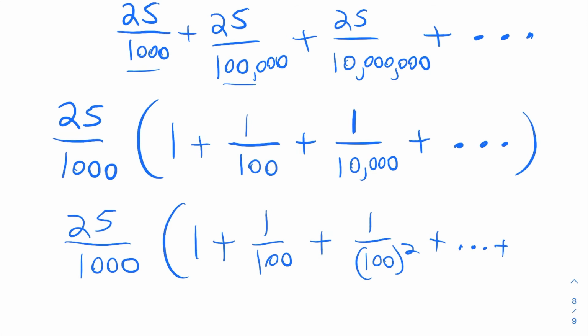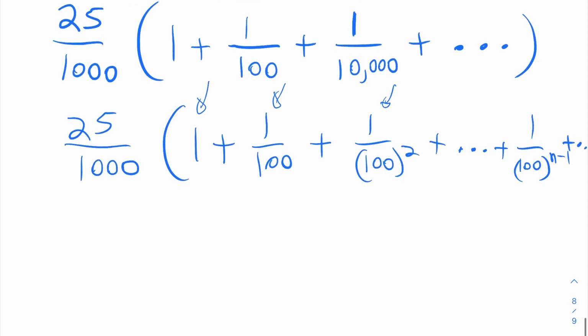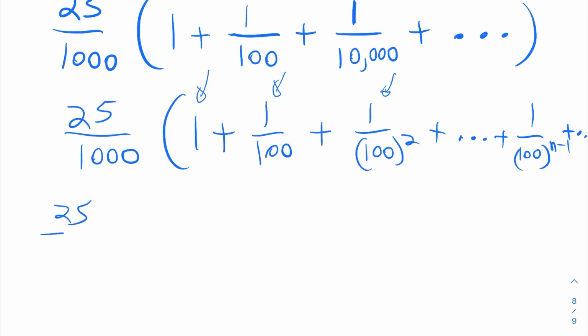The nth term would be 1 over 100 to the power of n minus 1. The first term is 100 to the 0 power, the second term is 100 to the first power, the third term is 100 to the second power. But this continues on, you don't stop. This is geometric, is my point, and the common ratio is 1 over 100.